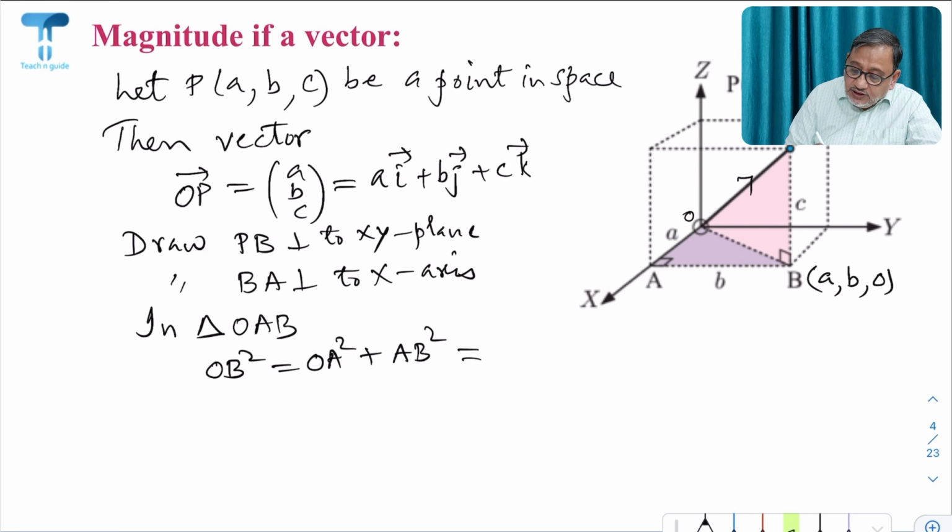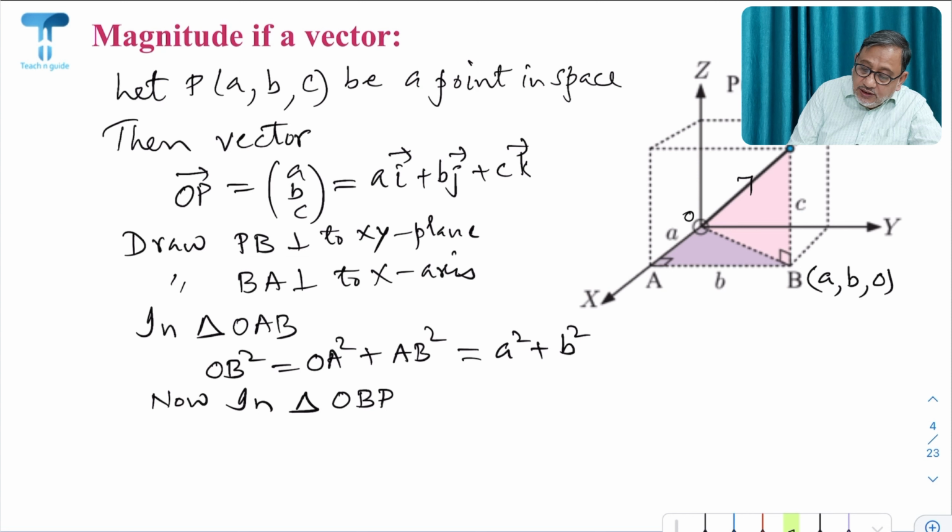And as you can see in the figure, OA will be a, so a square. AB will be b, so b square, which is the length in the direction of the y-axis, right? Now, in triangle OBP, okay?